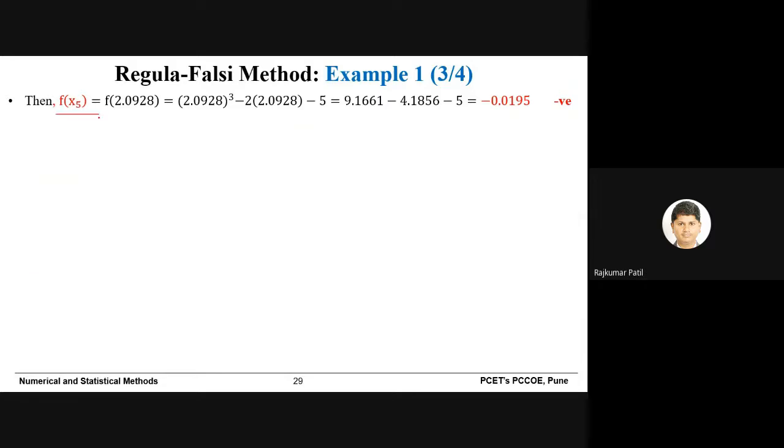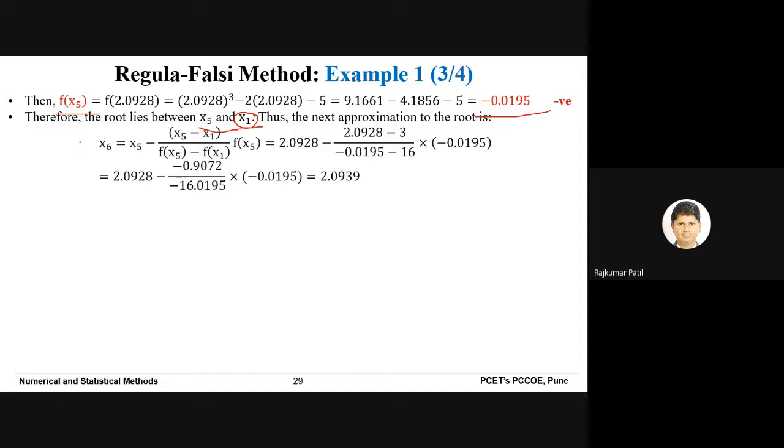So again we calculate f of x5. It has a negative sign. So therefore we can say that the root lies between x5 and x1, as f of x1 has a positive sign. So we calculated x6 and the answer is 2.0939.